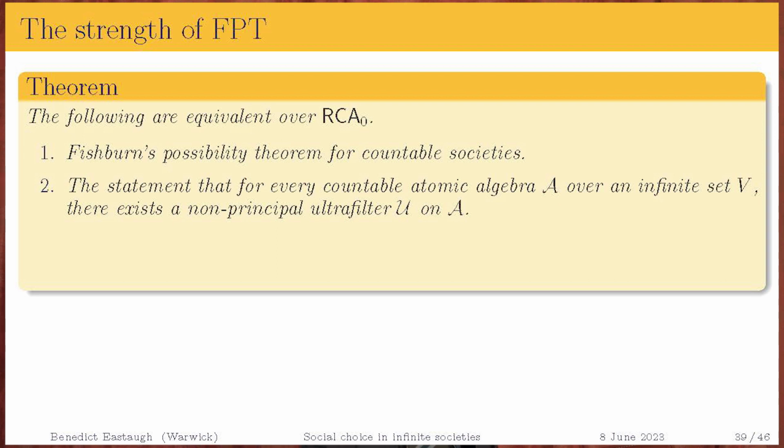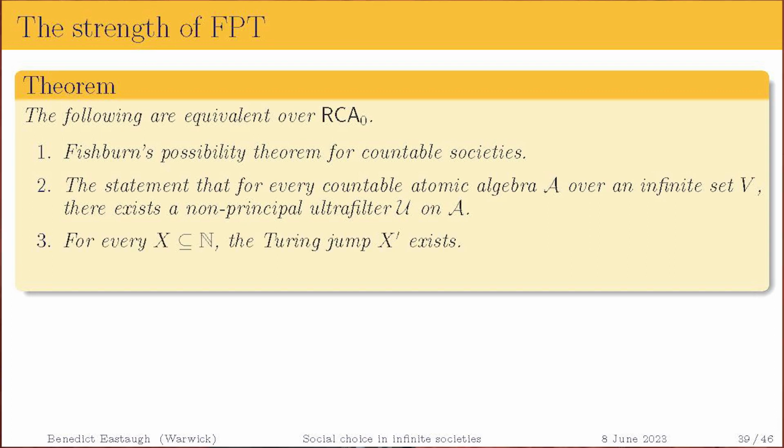Firstly, the statement that for every countable atomic algebra A over an infinite set V, there exists a non-principal ultrafilter U on A. So this is important because, of course, it shows us that, in some sense, non-principal ultrafilters are essential to proving Fishburn's possibility theorem. So we had them in this setting in set theory where they were these very complex, big, non-constructive objects. Down here in the countable world, they're much less complex, but they're still essential for proving this result.